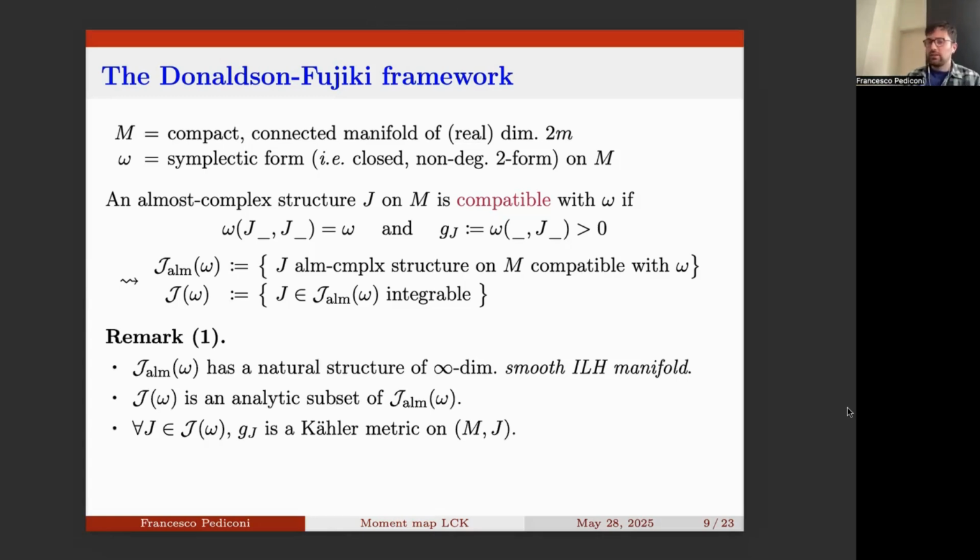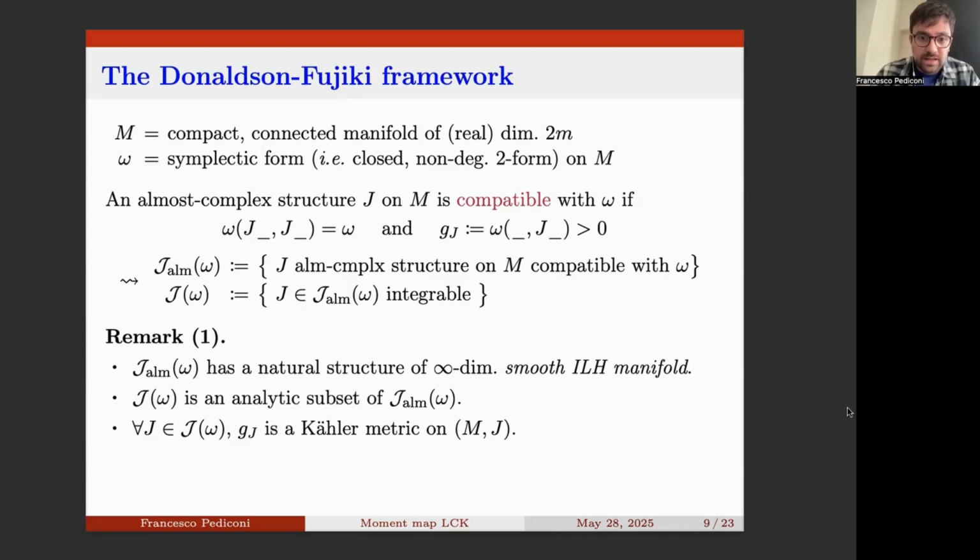It turns out that the first of these two sets, the set of compatible almost complex structures, is not a finite dimensional manifold, but has a natural structure of an infinite dimensional smooth ILH manifold. Here ILH stands for inverse limit Hilbert, which means that it is a smooth manifold whose local model is a vector space which is the inverse limit of Hilbert spaces. This is a stronger condition than being just Fréchet.